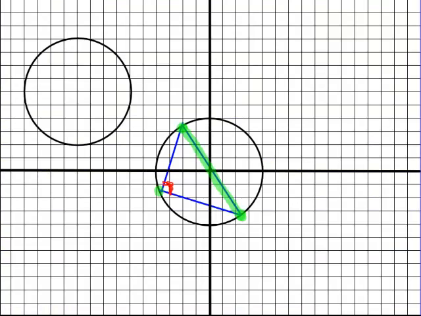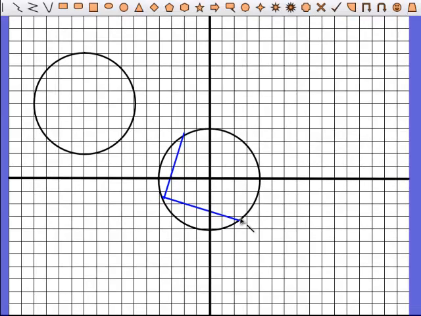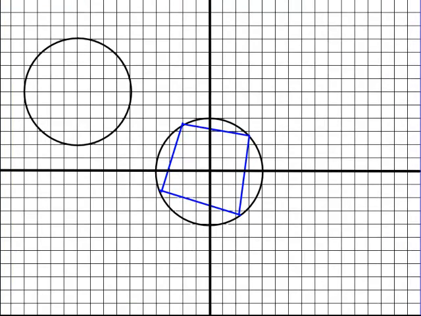Any quadrilateral that you draw, okay, we can take this piece out. Any quadrilateral you draw has to have opposite angles supplementary. This angle right here, which we'll label X, and this angle right here, which we'll label Y, have to always be supplementary.